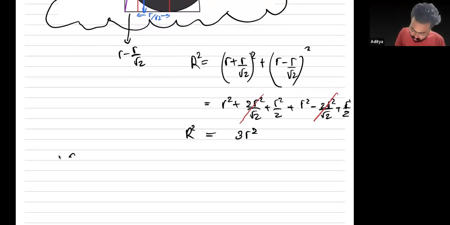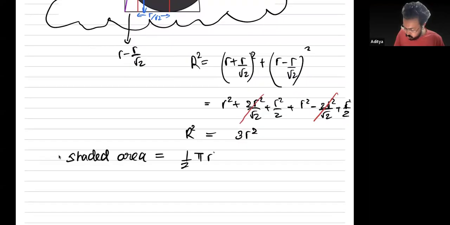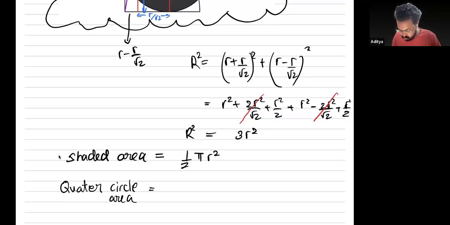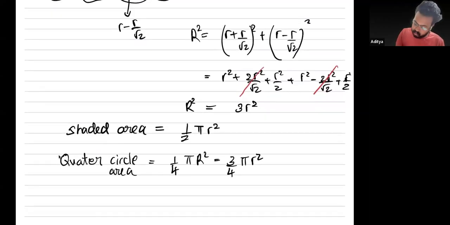So shaded area becomes half of pi small r square, and quarter circle area equals how much? 1/4 of pi capital R square, or 3/4 of pi small r square, because capital R square is 3 times small r square.